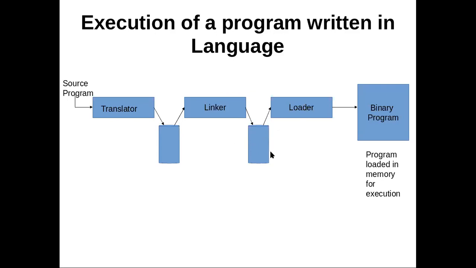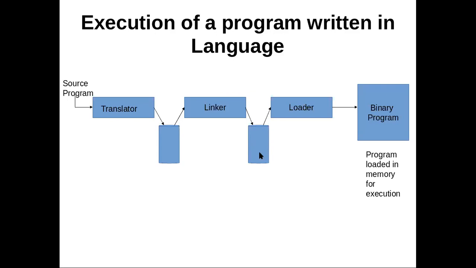Relocation is nothing but, after linking the main program with the other subprograms, the size of the main program may increase. So we have to relocate the entire program into another available memory space. That is called relocation.